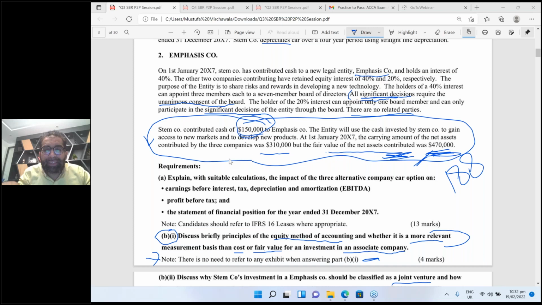And one thing is also possible. This fair value of net asset is normally calculated through a valuation. These fair values of net assets are calculated by valuation teams, so there is a possibility that the valuation team has made some mistake. Yes, this is a possibility. Listen, this is SBR. This is not 1 plus 1 equals 2.